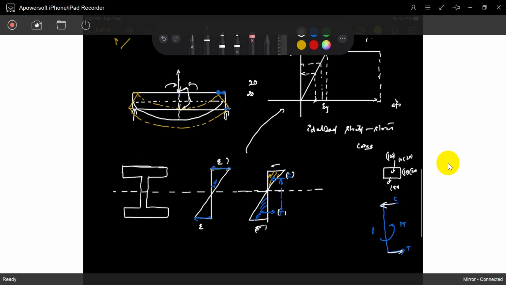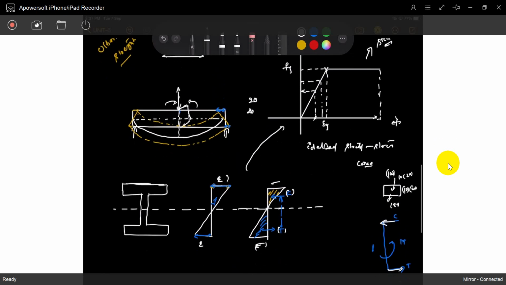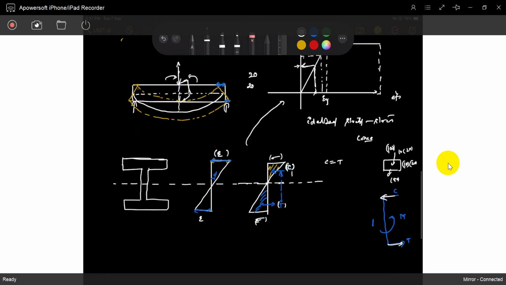So up to what level? If we apply 10, based on the 10 it has a strain, and based on the strain it has a stress. Based on the stress and strain, it will give the equilibrium: compressive force should be equal to tensile force. Otherwise what will happen? It will move out.